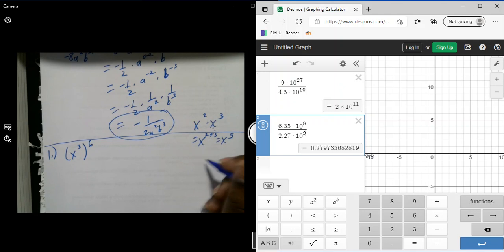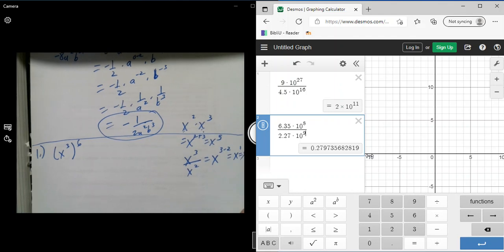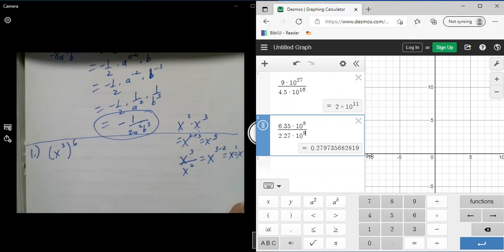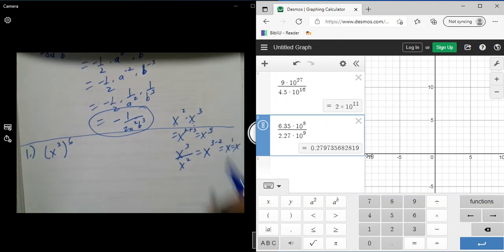Then you have the next, the division. If you have x to the third over x squared, same base, you carry the base over and you subtract the exponents. So it'd be x to the first, which is just x. Okay, next. We have multiplication with the same base, we add the exponents. Division with the same base, we subtract the exponents.